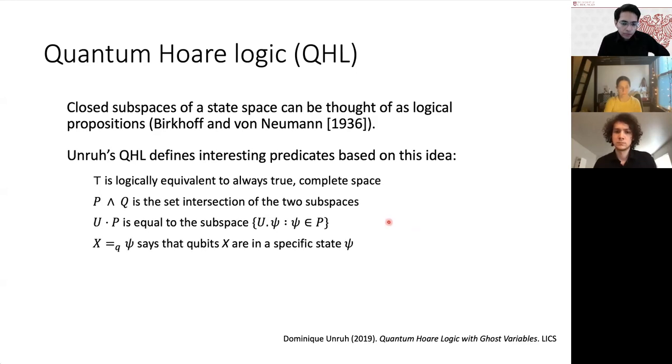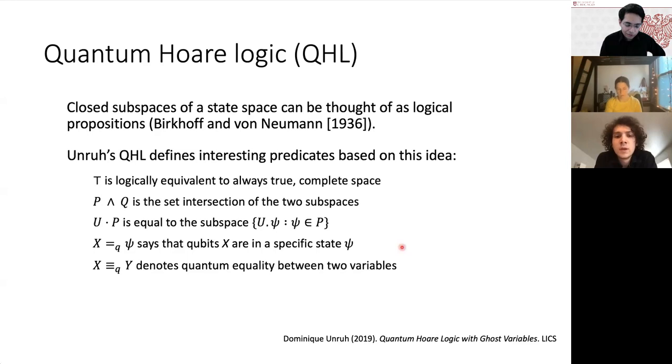And then a very useful predicate is where you can say what state a set of variables X holds. All of these predicates that we are seeing have some meaning in the subspace sense as well. For reasons of conciseness, I'm not introducing everything, but it's in the paper.